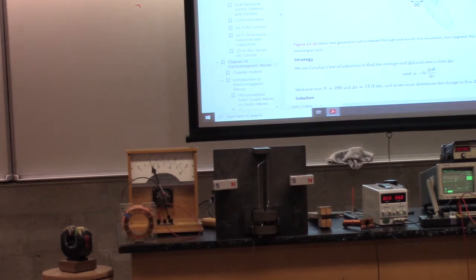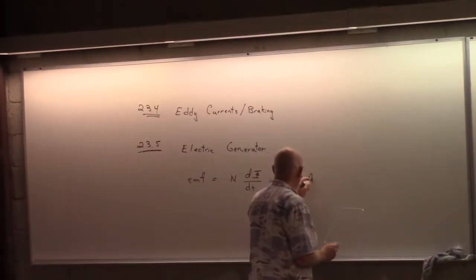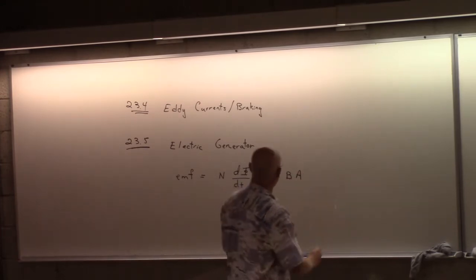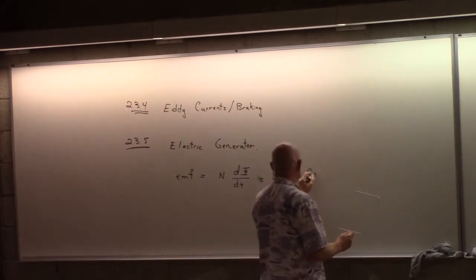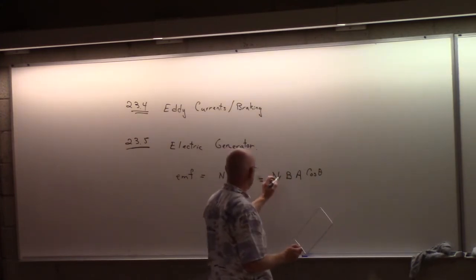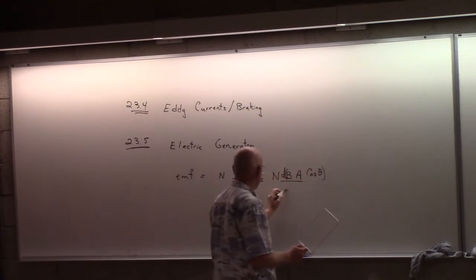And that's the thing that's changing here. So I would put B for the size of the field coming from the magnet. I'll put A for the area, that would be this height and this width, okay? And then I will have cosine of theta. Oh, and I forgot the derivative. Derivative of the flux.